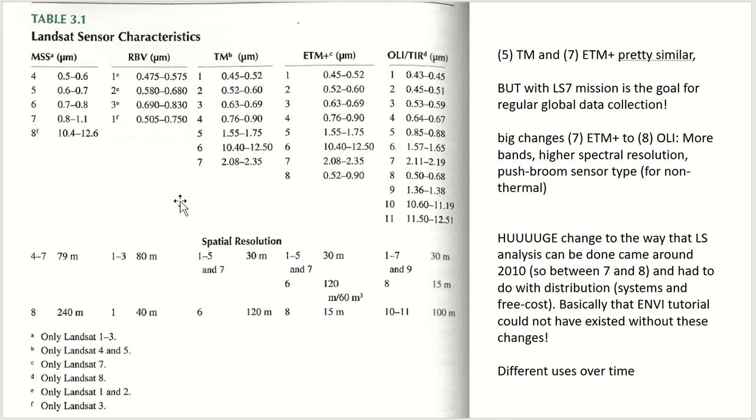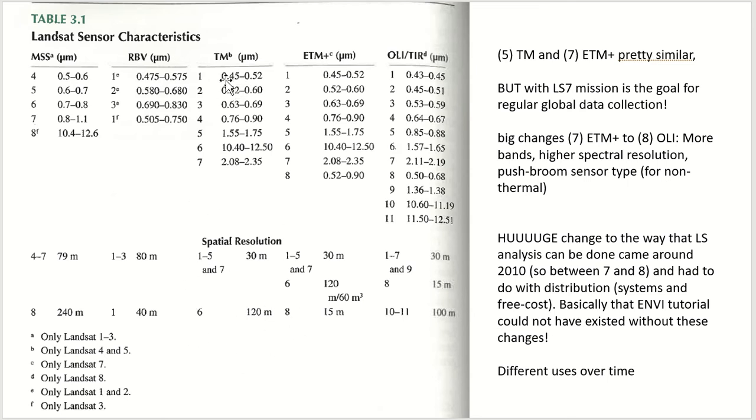Band 6 is a thermal, and it's at 120 meters compared to 30 for those multispectral bands. 120 is a lot coarser than 30, but 4 times smaller than the 240 meter spatial resolution. So a technological achievement allowing for sensing energy in more bands, so at more locations in the electromagnetic spectrum, more wavelengths to be accurate here, and also higher spatial resolution.